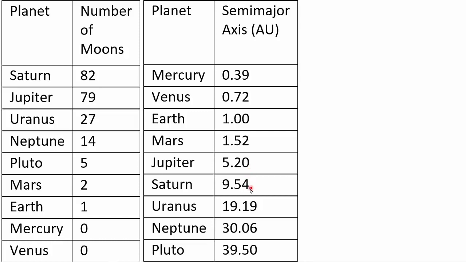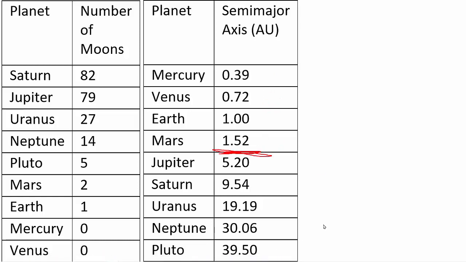The gap out to Saturn is 4.3 astronomical units, and the gap from Saturn to Uranus is almost 10 astronomical units, and then another 10 to get out to Neptune. And so you can definitely say that Jupiter, Saturn, Uranus, and Neptune are very widely spaced compared to these inner 4 planets. So I'd put a dividing line here.